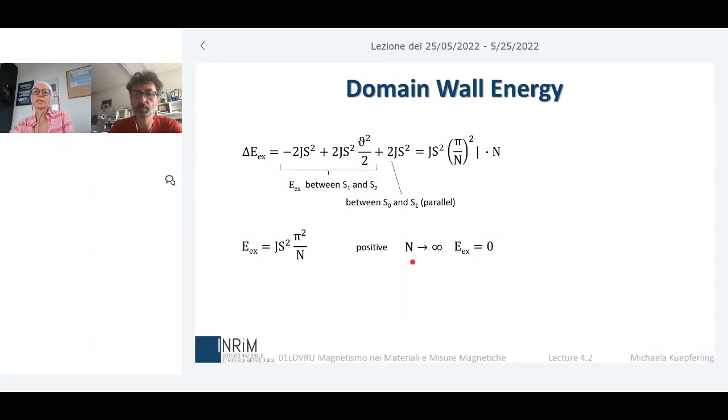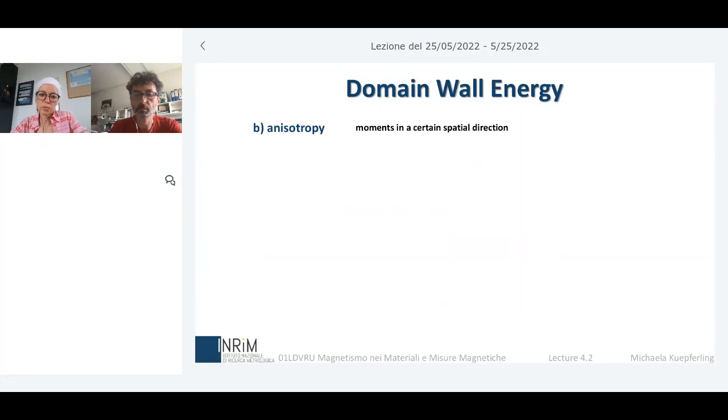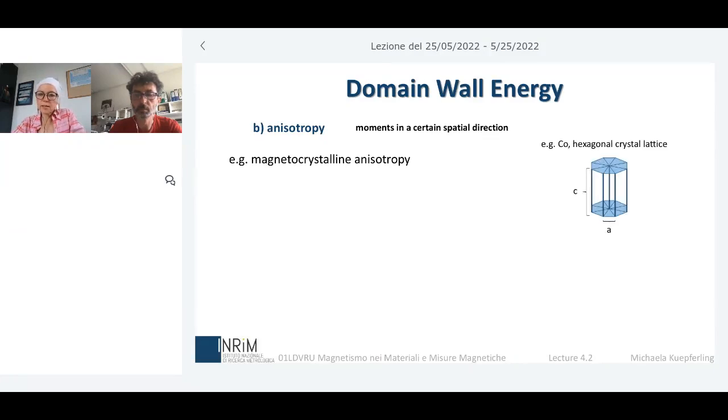So what exchange energy wants is to enlarge the wall as much as possible, to have very large domain walls, possibly an infinite wall.